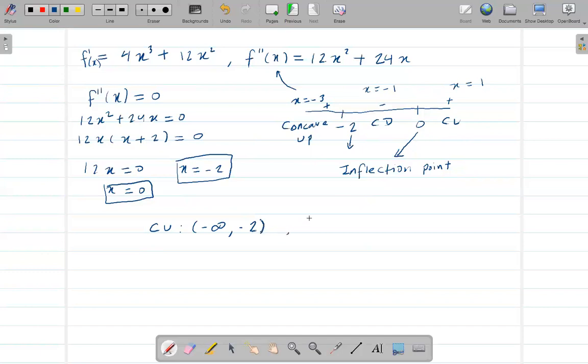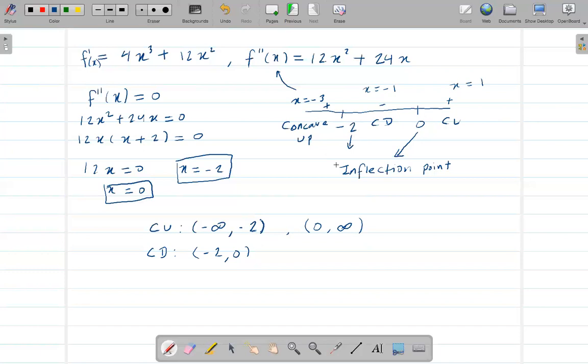Another one is 0 to +infinity, right? And the concave down interval, or CD, is from -2 to 0, right? And as we said, the inflection points are at these two numbers.